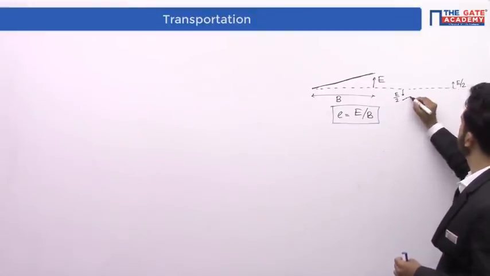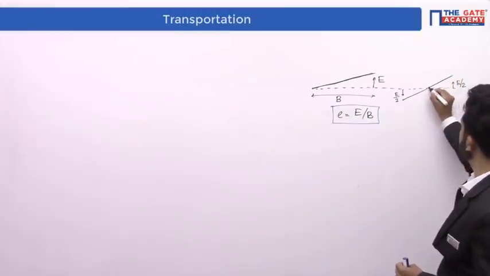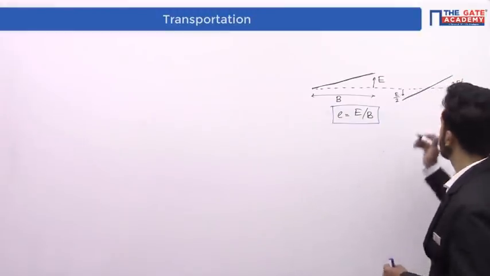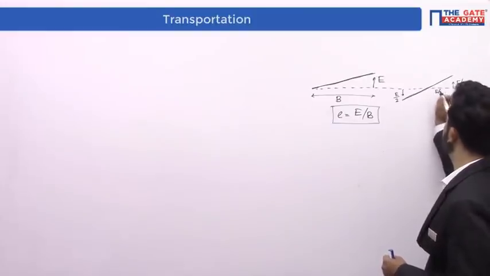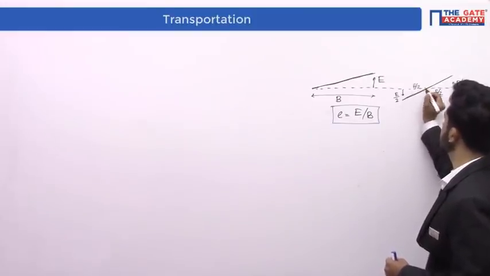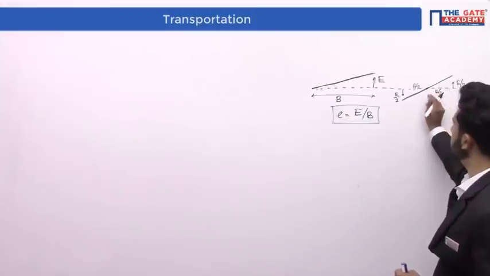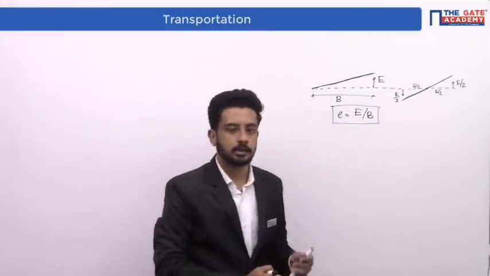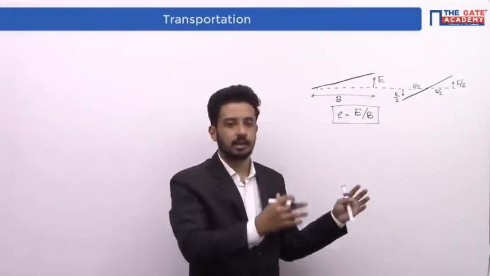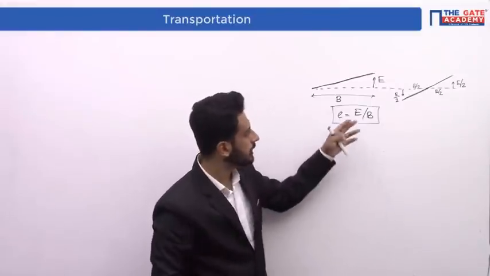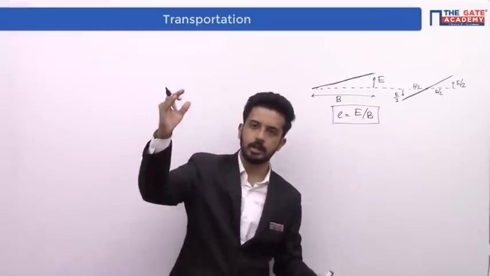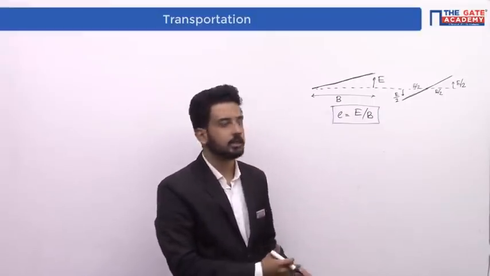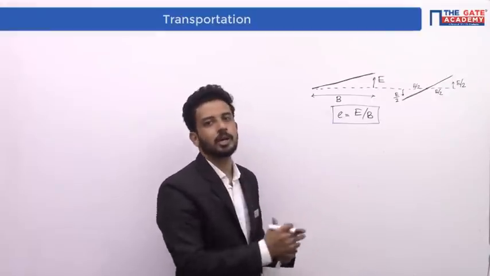So finally I will get whatever inclination I need. So this part will be E by 2 and this part will be E by 2. So we are rotating about this center. We are raising a distance of E by 2, here also E by 2. So the total height will be E only. So there also we are obtaining the super elevation in a different way.